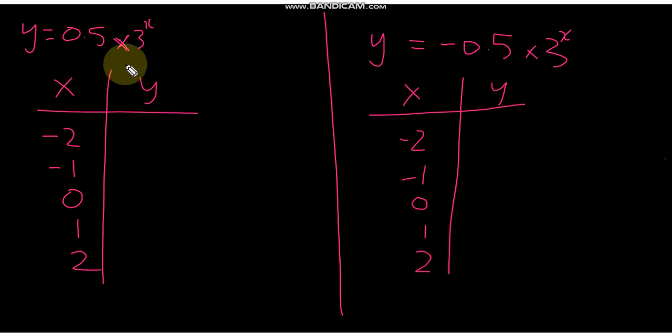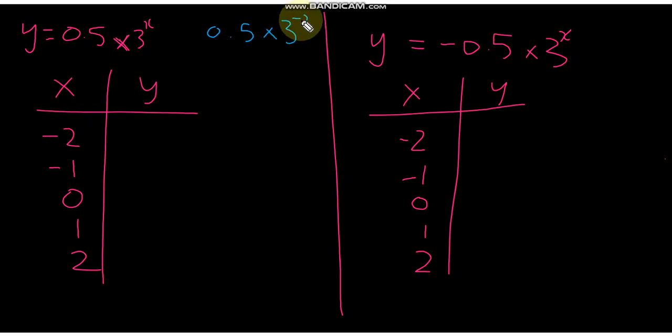If I insert negative 2 here, let me show you the first one, it will be 0.5 times 3 to the power negative 2.